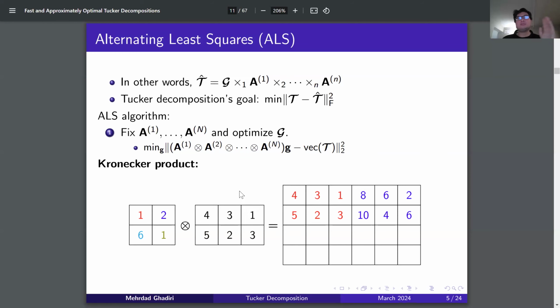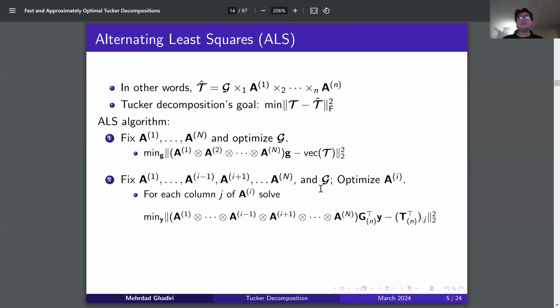Then 2 times the second matrix would be the second block, the third block, and the last block. So this matrix has a lot of structure. That's probably what I'm trying to say. And because of that, we hope that we can solve it much faster than a general linear regression problem.